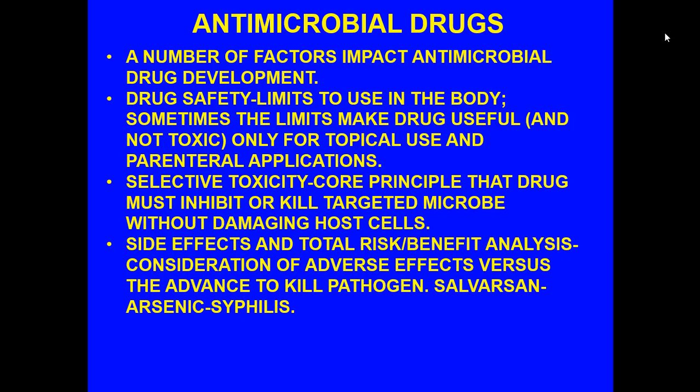Let me explain this by going back to salvarsan, which was that arsenic compound I told you about earlier. In 1900, they had no way to treat syphilis. Some of the elite would still turn to a mercury injection, and that had severe toxic effects and didn't really kill off the syphilis.